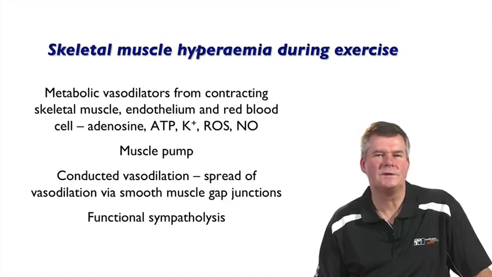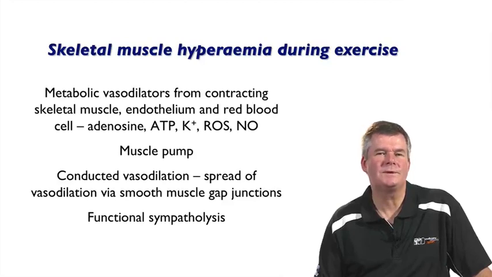There's some evidence of what's termed conducted vasodilation, where vasodilation in one part of the vasculature is transferred upstream or distally, and this is thought to be mediated by the spread of depolarization through gap junctions between the smooth muscle cells. And finally, an important characteristic during exercise is what's been termed functional sympatholysis.